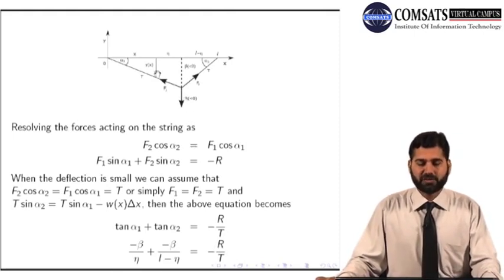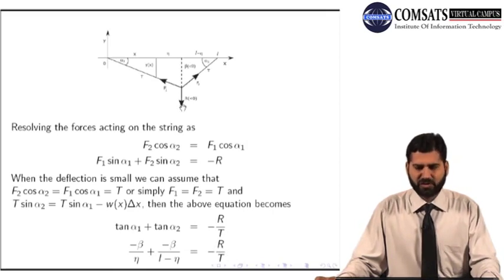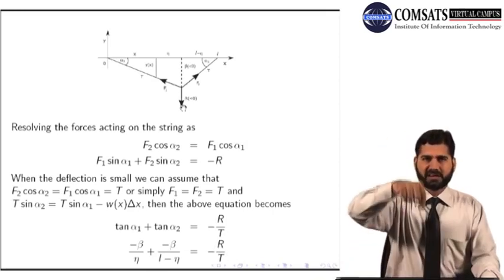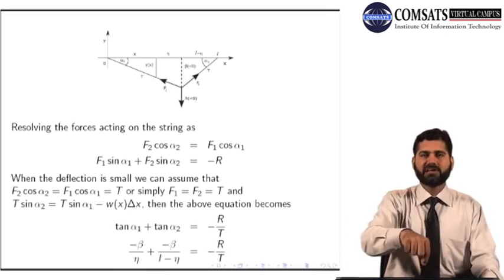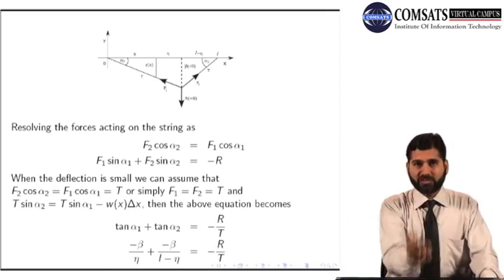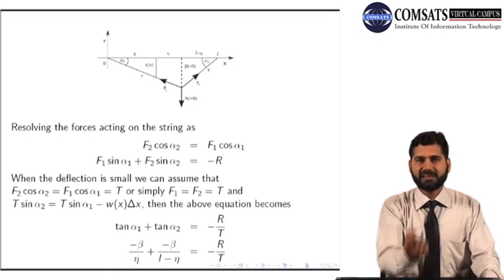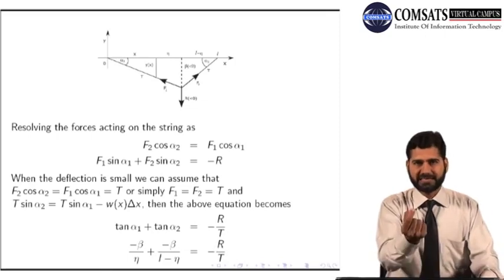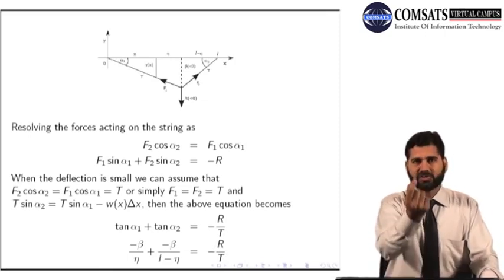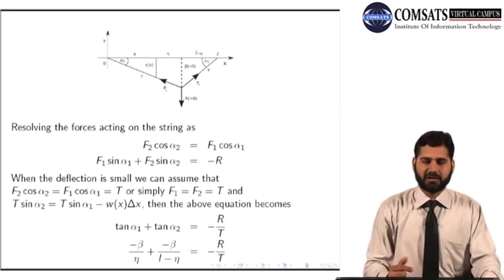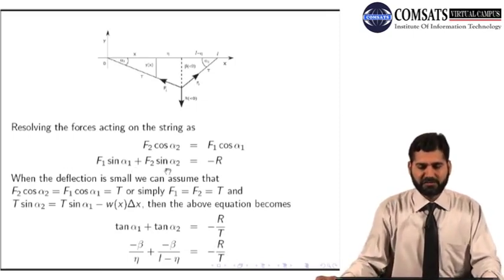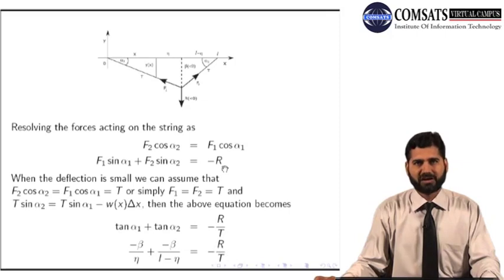Similarly, the vertical forces are F1 sine alpha 1 and F2 sine alpha 2. These should be equal to negative R. This R is the force which is acting down. It's a concentrated load, so on one point there is a weight, a force acting on that one point. Let's call that R. So vertical forces should balance this force R.